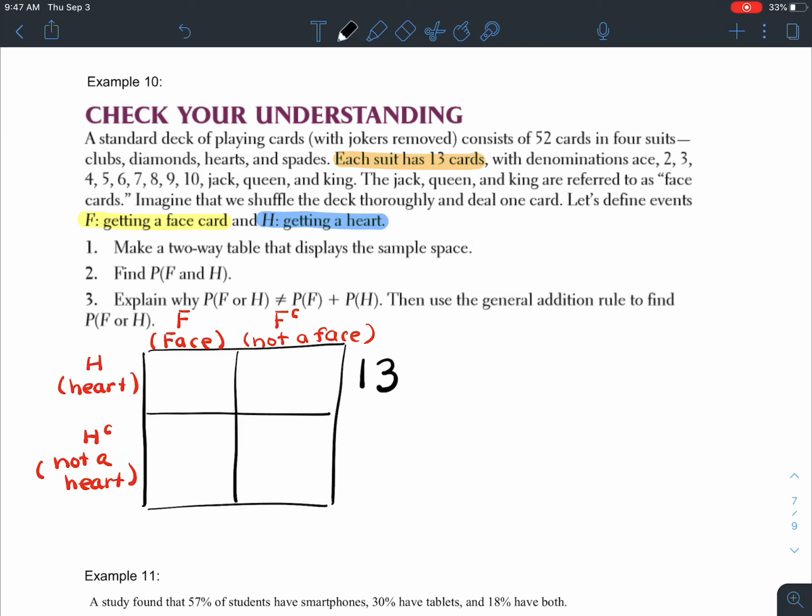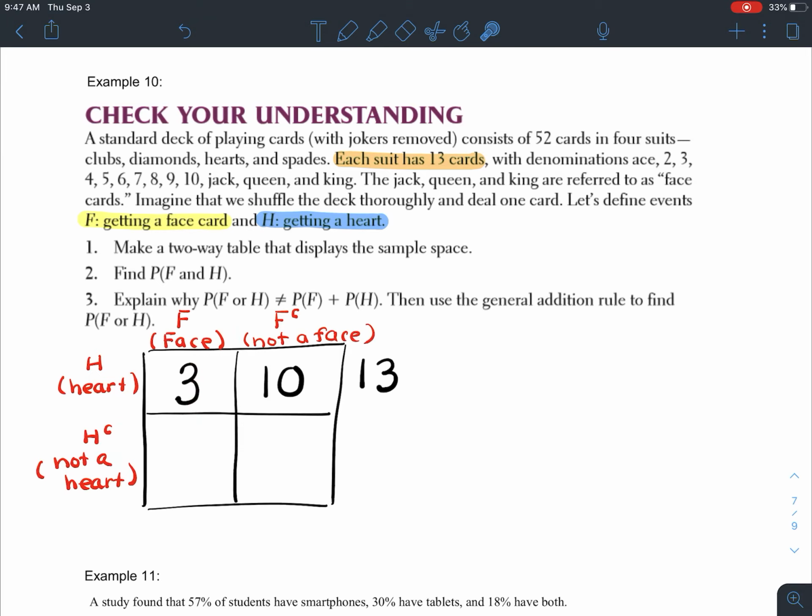Now, of those 13 hearts, how many of those hearts are face cards? Well, they told us a face card is a jack, a queen, or a king. So each suit would have 3 face cards. So if this has to total 13, then that means there are 10 hearts that are considered not a face card. See how I'm doing that there?